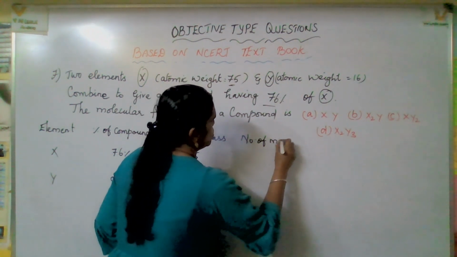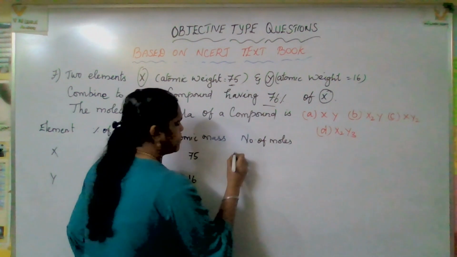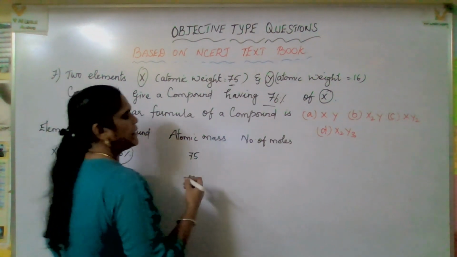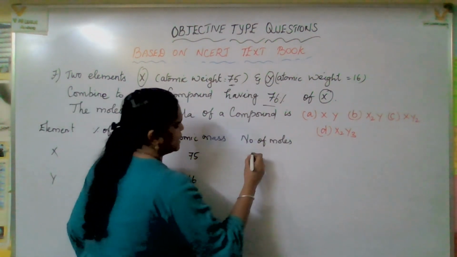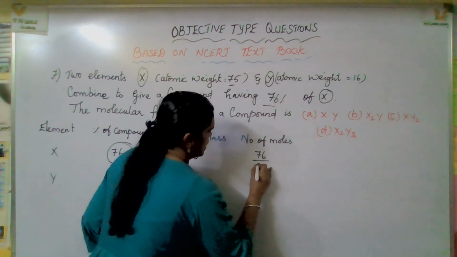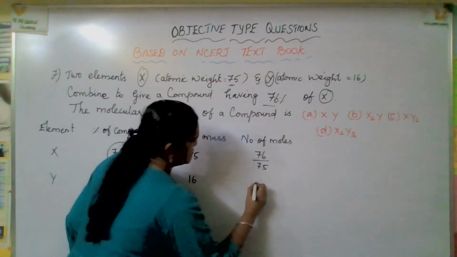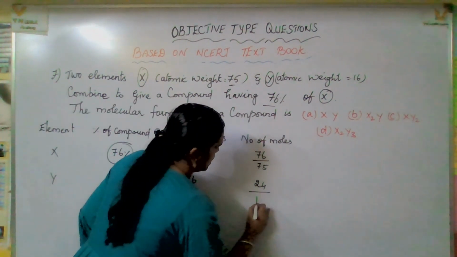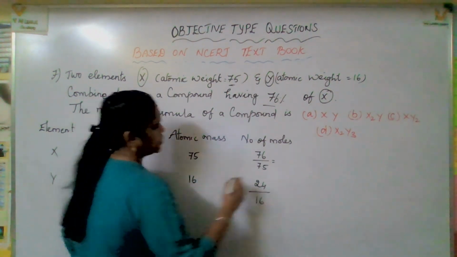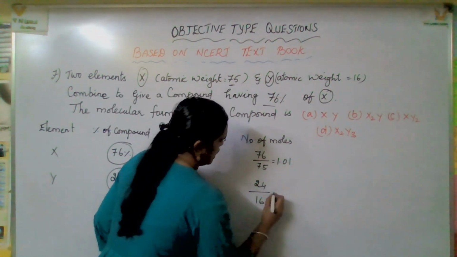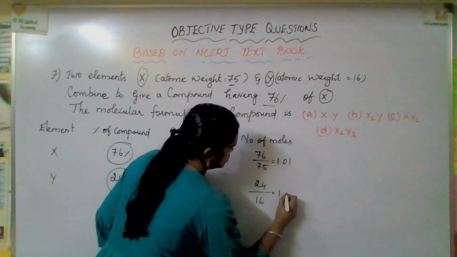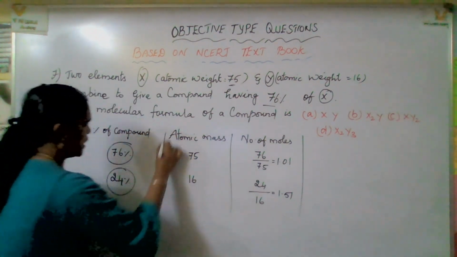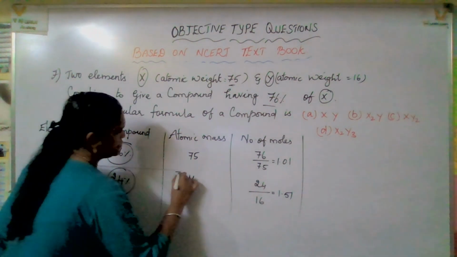Number of moles is given mass by molecular mass. Here they have mentioned percentage, so we can take it as given mass in grams. So 76 divided by 75, and for Y, 24 divided by 16. What is the answer? You will get 1.01, and here 1.51. I hope you got a clear idea how to identify.